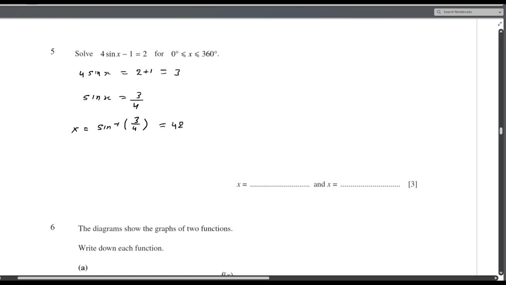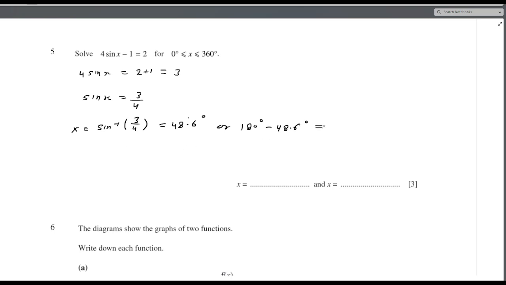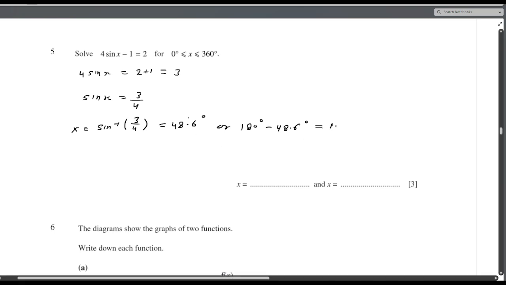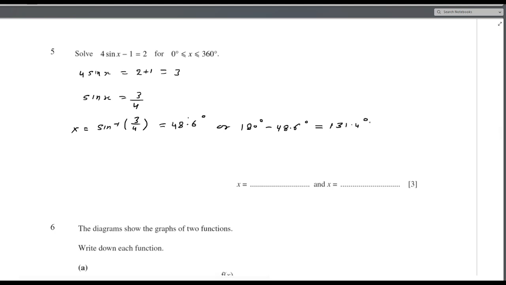So this is 48.6 degrees, or it is 180 degrees minus 48.6 degrees. So your answer, 180 minus 48.6, will be 131.4 degrees.